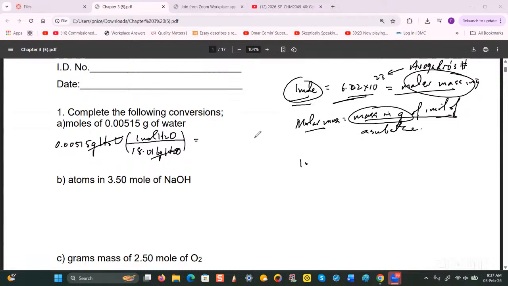So the only unit you'll be left with would be the moles of water, and then all we have to do would be the number crunching, which would be 0.00515 divided by 18.016. And according to my calculation, we have to round this to 3 sig figs. So the answer becomes 2.86 times 10 to the minus 4 moles. And that's how we do it, all right?